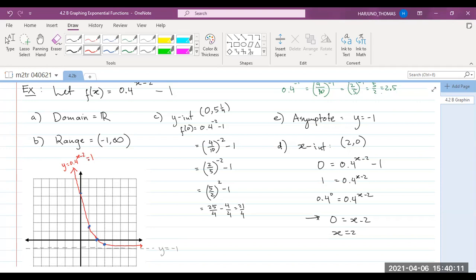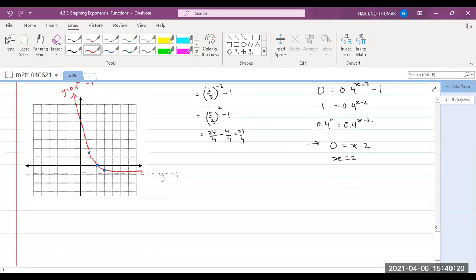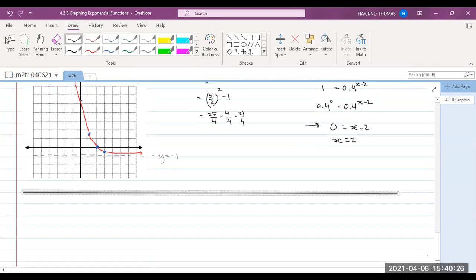Now, I will spend a little bit more time in graphing question number 23. I think I did number 24 in my lecture, so let me do number 23. How do we handle the situation when we have f of x equals to 2 to the absolute x?